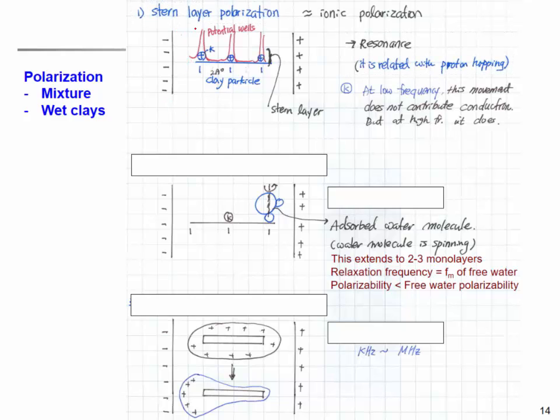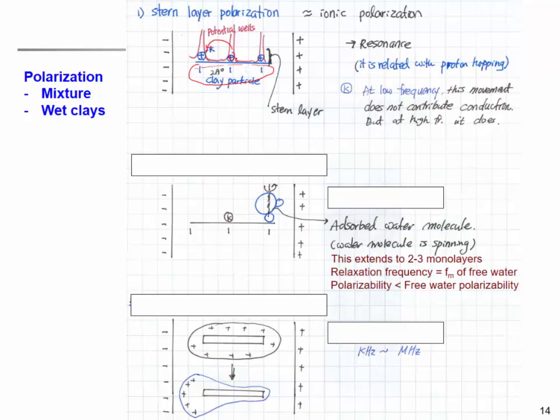And the first one is the Stern layer polarization. This is the clay particle, and at the Stern layer, at the monolayer, you have a cation, and when you apply this electric field, this cation can move, but their movement is very locally bounded. But if the electric field is so strong and it's at the right frequency, they can jump from one well to the other well.